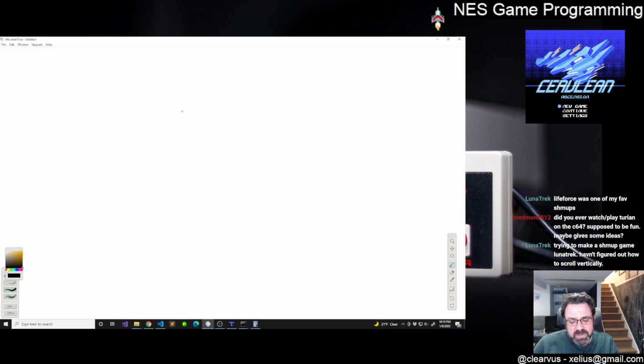It's not going to be a shmup that is super flashy, like if you played Ikaruga, or Raiden 5, or any of the newer ones where there are a lot of really flashy effects. We can't do that on the NES, but we'll do our best to make it look good.